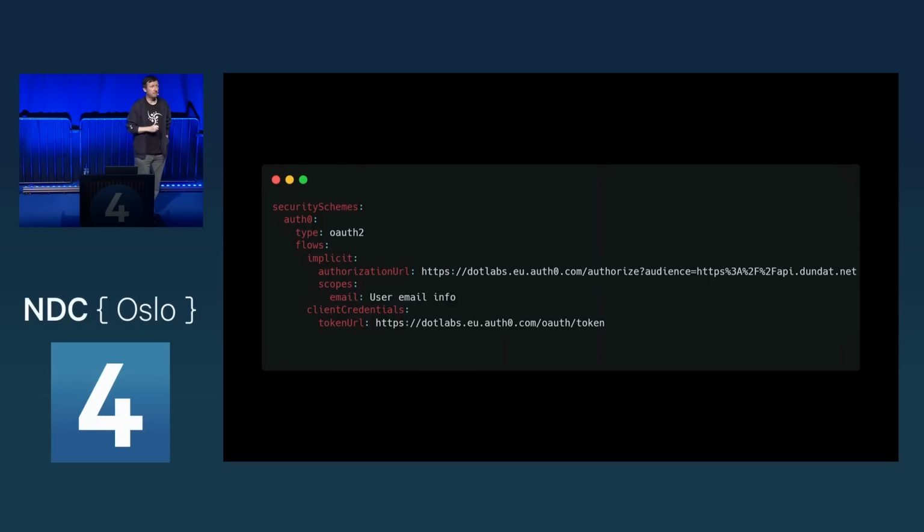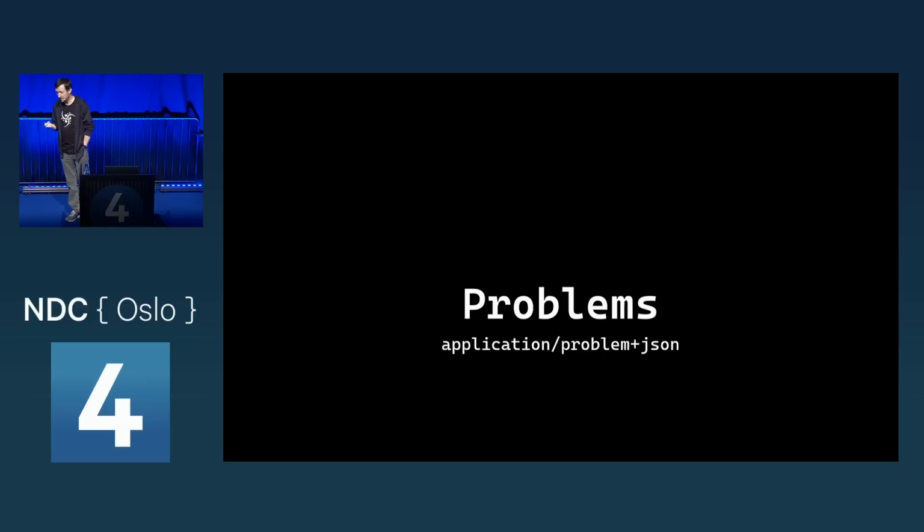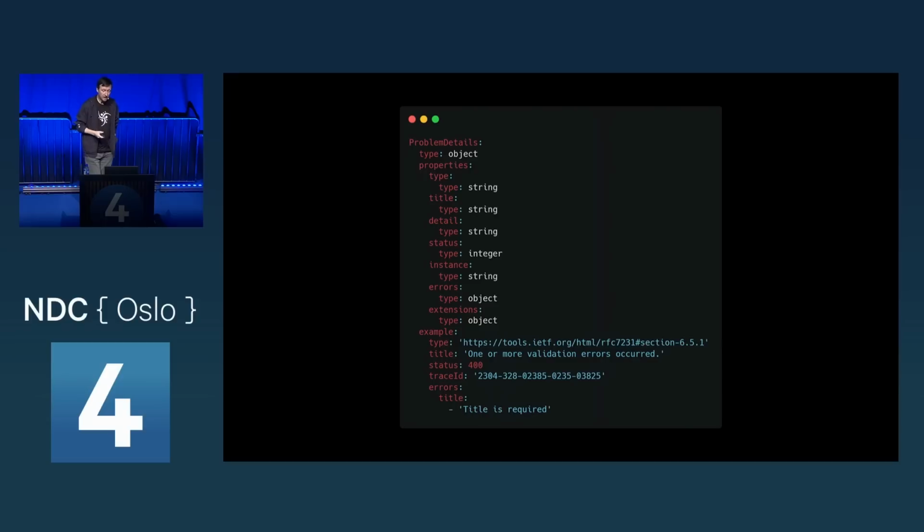That's not very helpful. So there is a sort of standard. I'm not sure it's actually maintained by anybody, but it is agreed upon. There's a standard format for returning problems in JSON. The MIME type for it is application/problem+json. And it looks roughly like this.